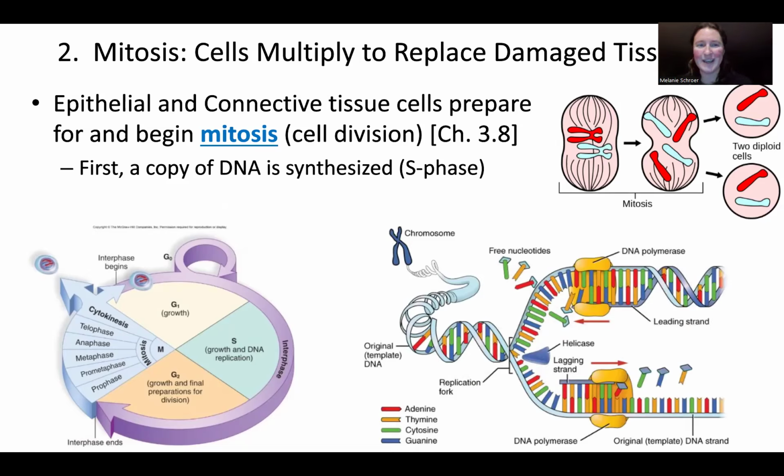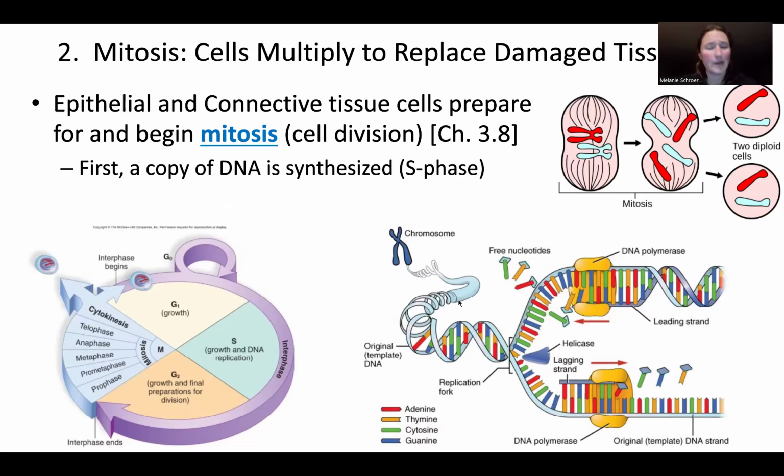phase in which DNA synthesis occurs. And so what's going on there? Of course, to prepare for mitosis, that is, one cell makes a copy of itself, divides into 2 genetically identical diploid cells. Right? So where there was one skin cell, now there are 2 skin cells. In order to do this, we need to make a copy of our DNA so that both cells have the same amount of DNA and have the same DNA as the original cell had.